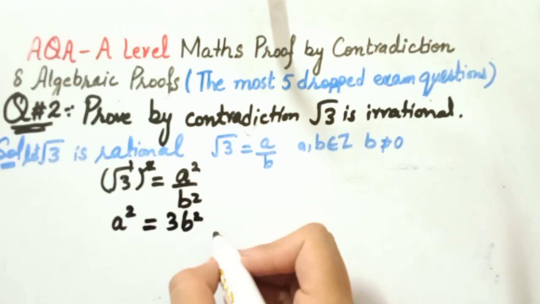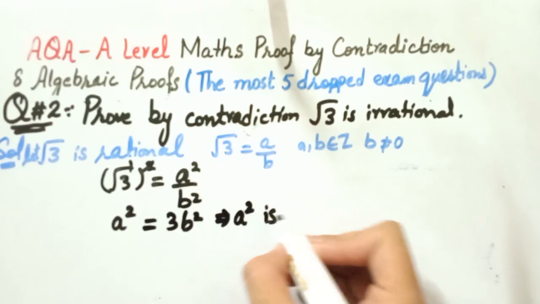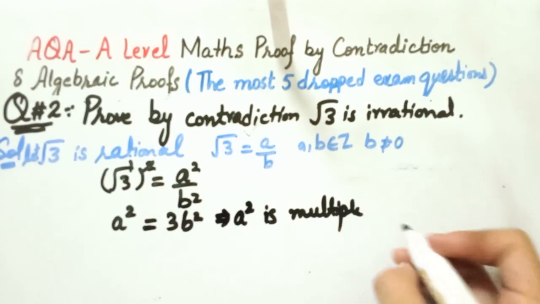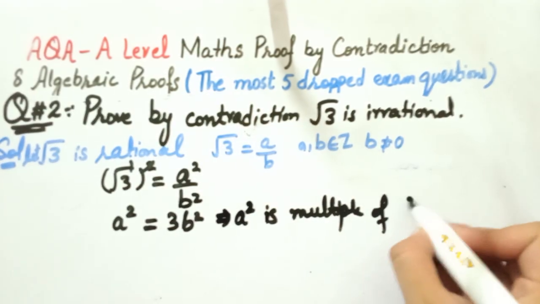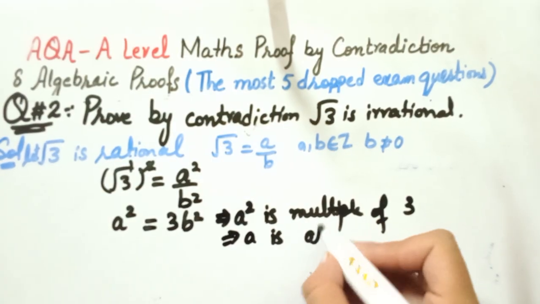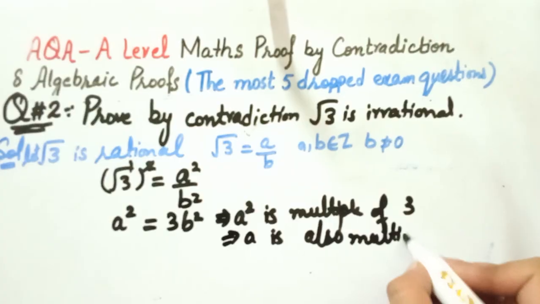Now you can see a square is a multiple of 3, so a is also a multiple of 3.